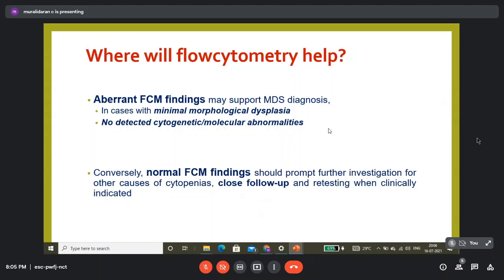In other ways, even if a patient has normal flow cytometric findings, we can think about excluding MDS and look for other causes of cytopenias. Some patients might require close follow-up, and some we can retest after some time. So we can exclude MDS in a doubtful case. That is the importance of flow.